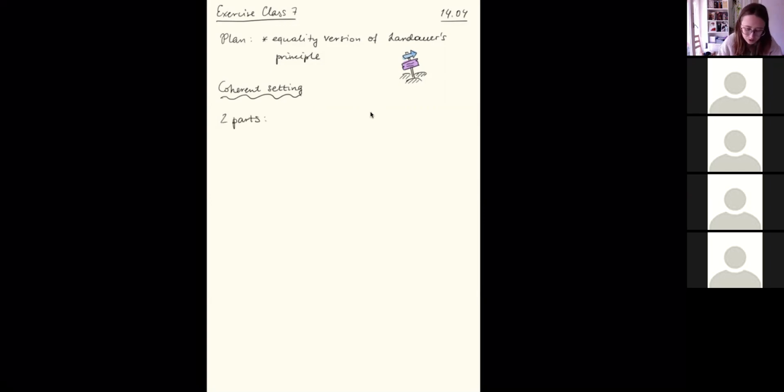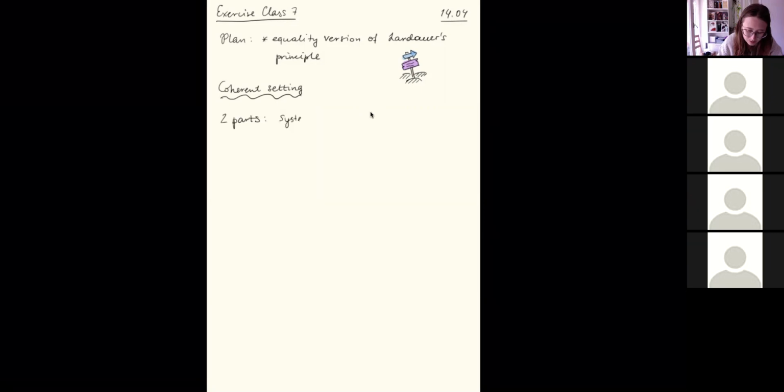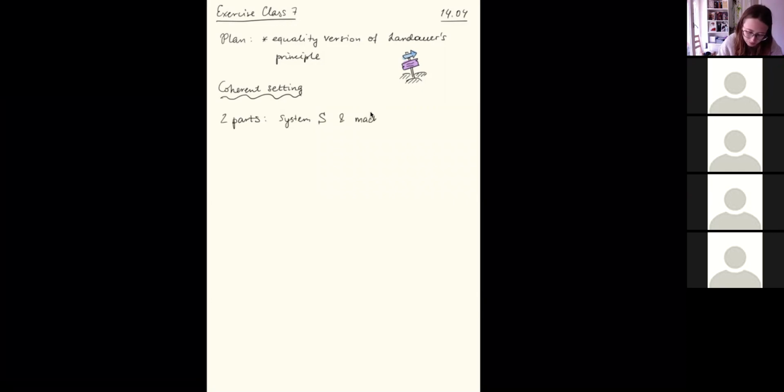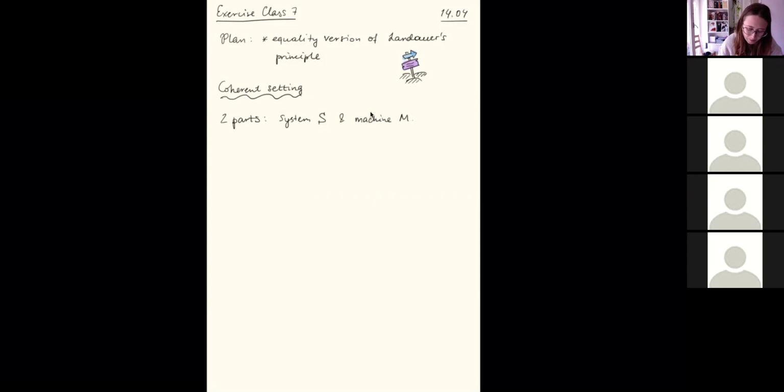The first is the system S, which is a target system that we want to cool down, and the machine M. If I draw this, here we have the system S, then we have a system M, and M is connected to a bath of temperature beta.